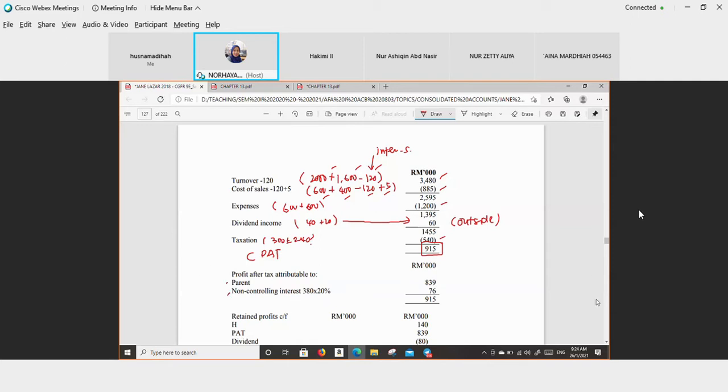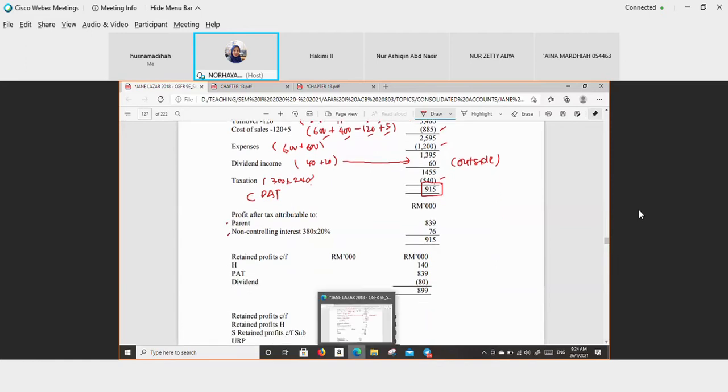So now Syikin, macam mana first? You must work on the non-controlling interest. So this one you ambil daripada mana ni? Daripada profit for the year. Profit of siapa?